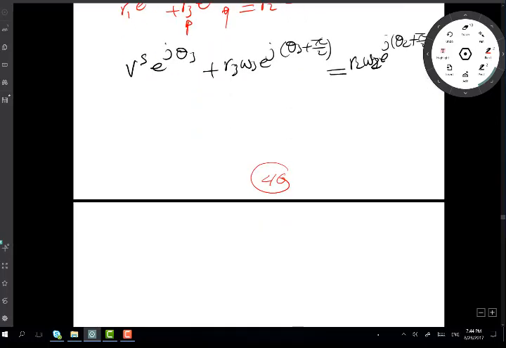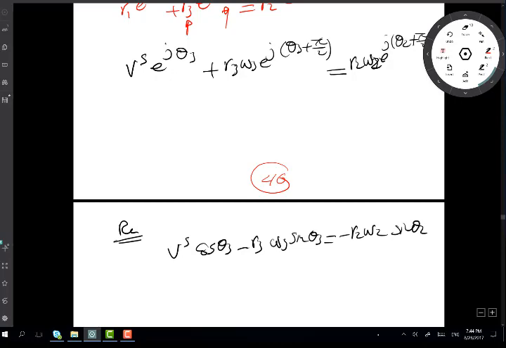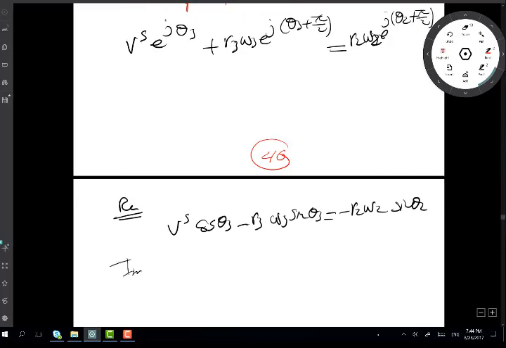Then when I go real and imaginary, the real term, the cosine term, gives Vs cosine θ3 minus R3 ω3 sine θ3 equal to minus R2 ω2 sine θ2. The imaginary term gives Vs sine θ3 plus R3 ω3 cosine θ3 equal to R2 ω2 cosine θ2.